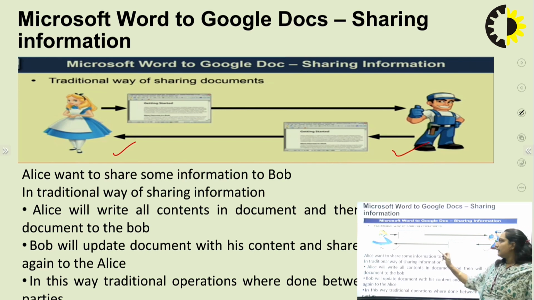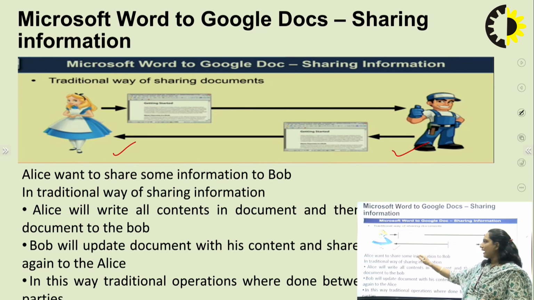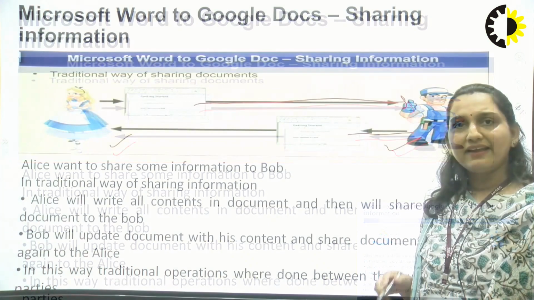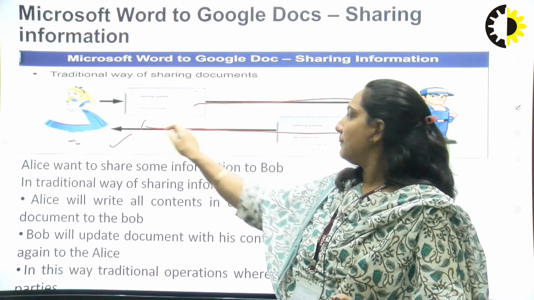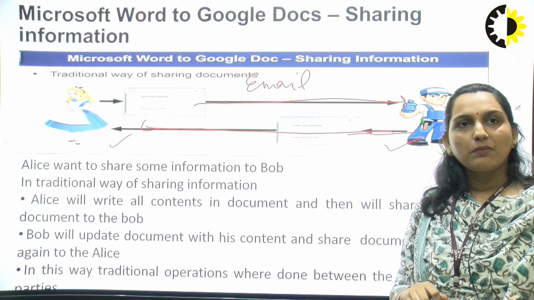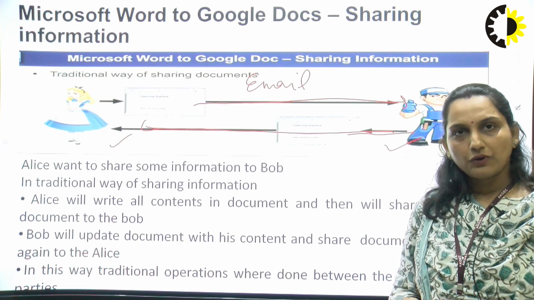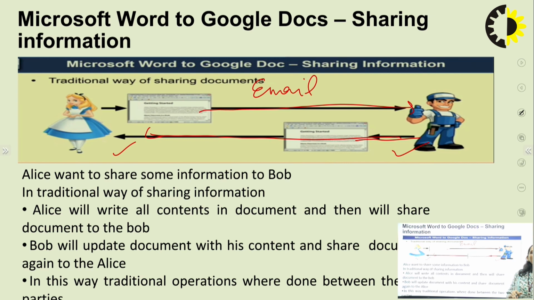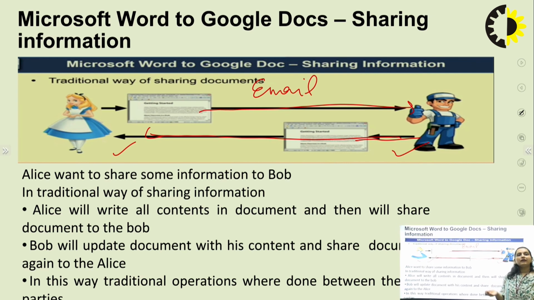Traditionally, what we did is write it in a document, and then send it through multimedia, through an email, to Bob. Bob receives it, sees the content, and then responds by email. So if Alice wants to update information, she uploads it in a document and sends all the information to Bob, and then Bob updates that information and shares it back to Alice. This is the traditional way we share information.